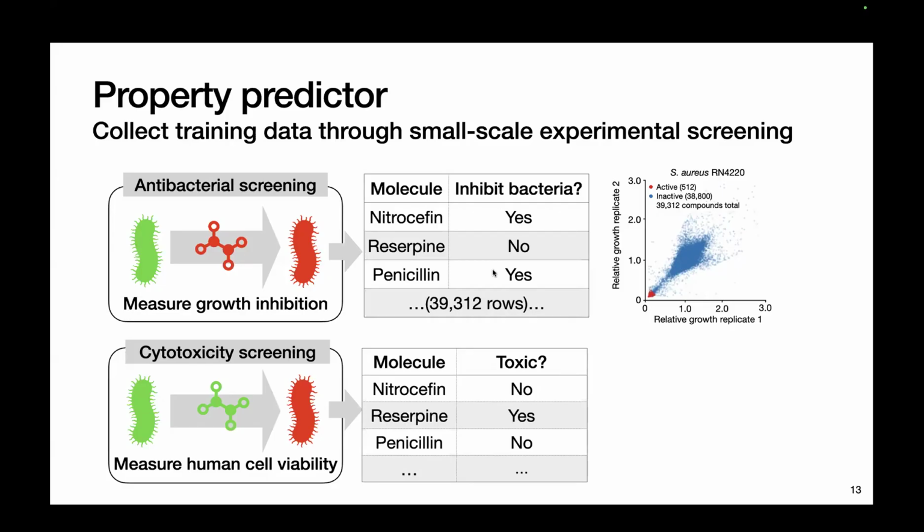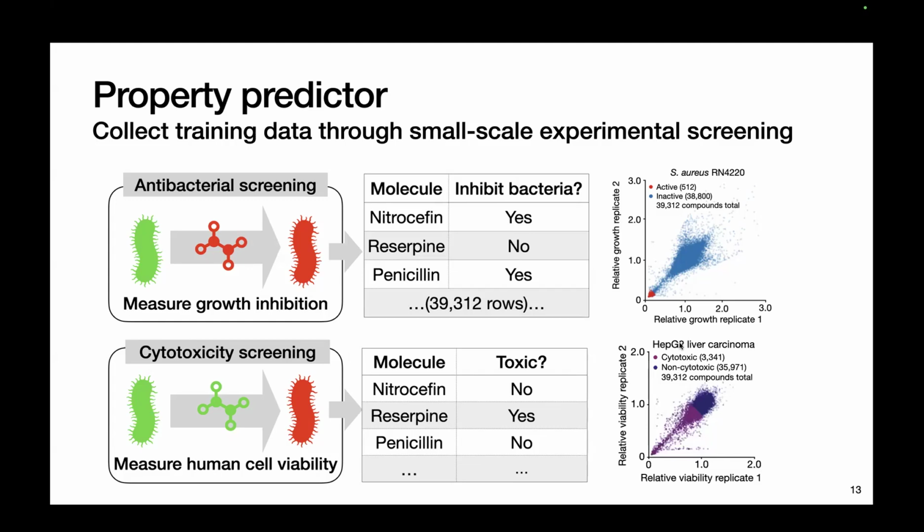active or antibacterial. We also care about cytotoxicity, right? We don't want to kill the bacteria to the point that we also kill humans, right? So we want to find a molecule that is safe. Here we also generated a similar data set using similar screening technology, but for each molecule, we test whether it kills the human cells or not, right?